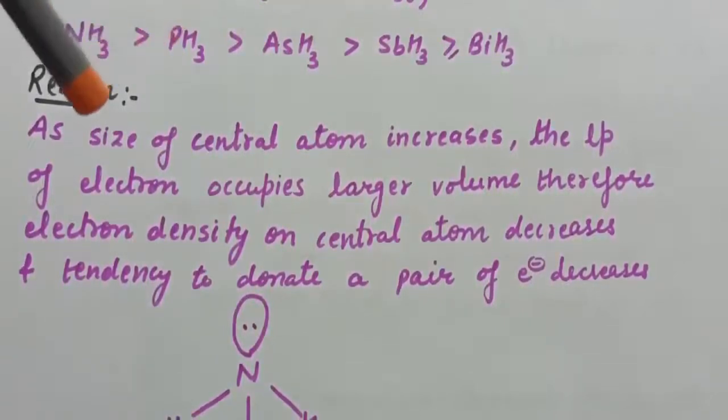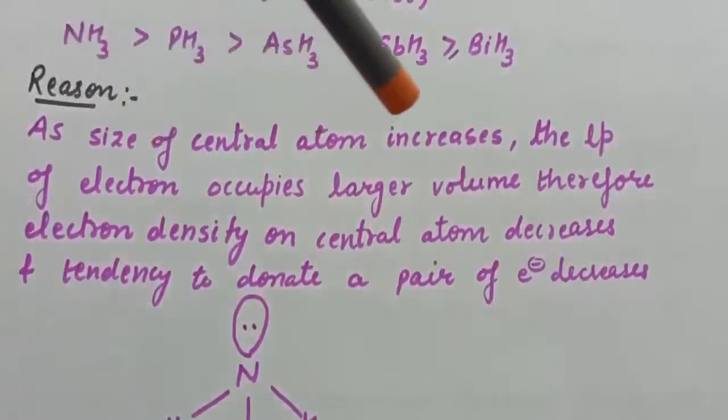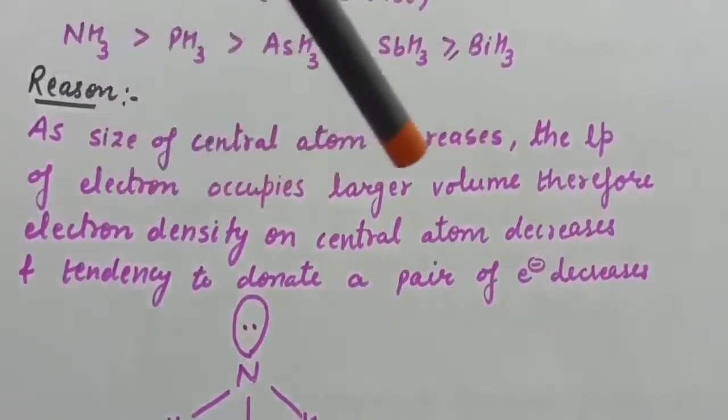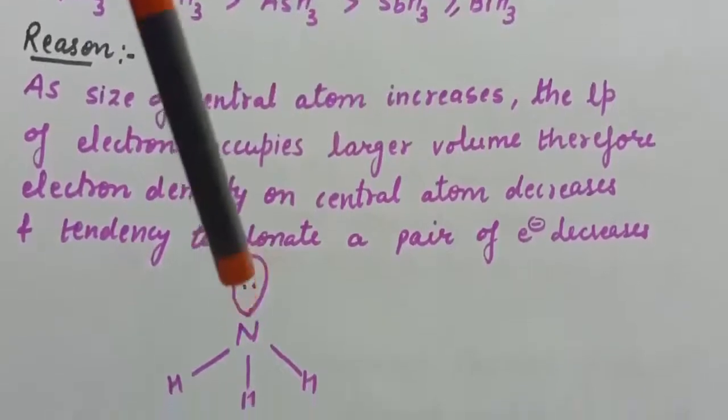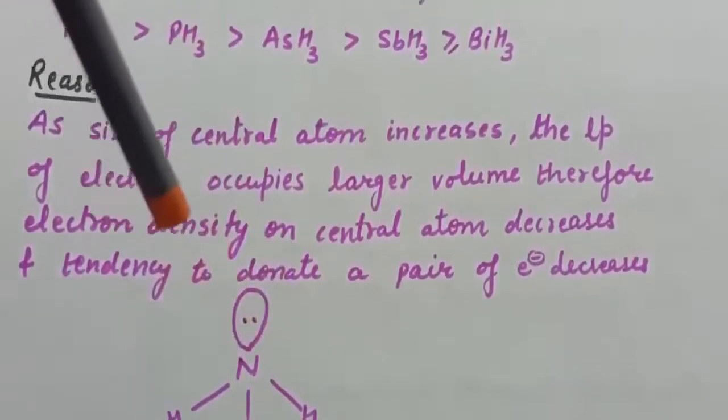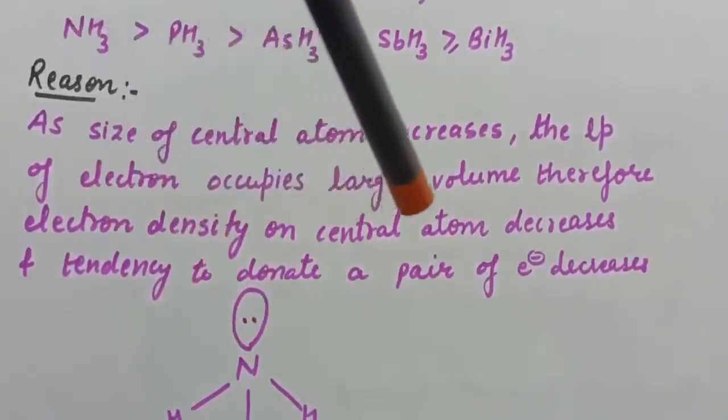As the size of the central atom increases, the lone pair of electrons occupies a larger volume. Therefore, electron density on the central atom decreases.